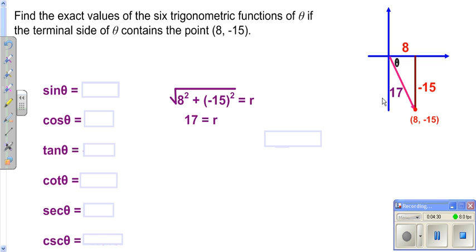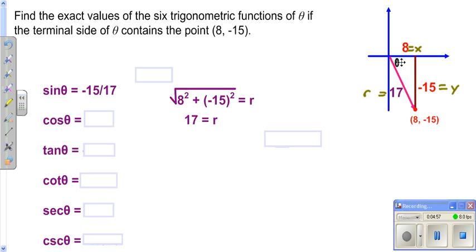Now whether you use the definition from the previous page of x over r and y over r, or opposite over adjacent, doesn't make a difference. Keeping in mind that since you're going horizontal, this is like your x if you're using the previous definition, and this is y and this is r.